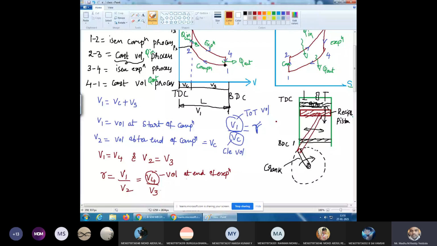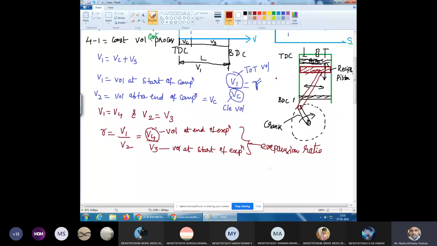So now this is called the expansion ratio. So I defined two terms here, compression ratio and expansion ratio. Both are denoted with the notation R only, so both are the same only.